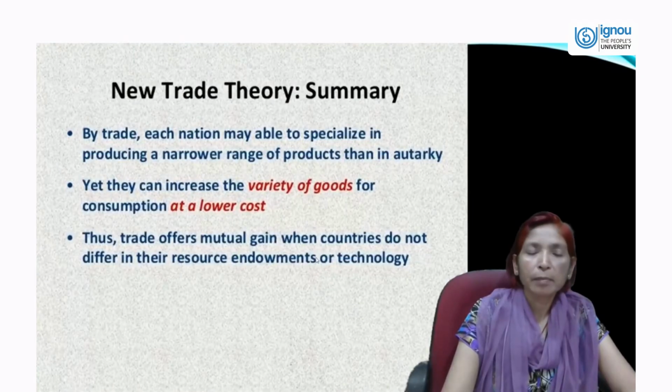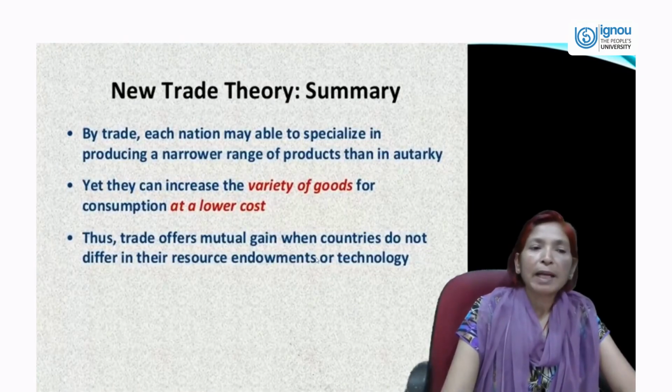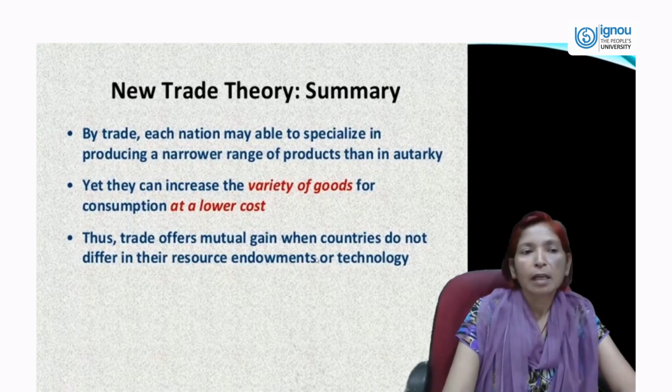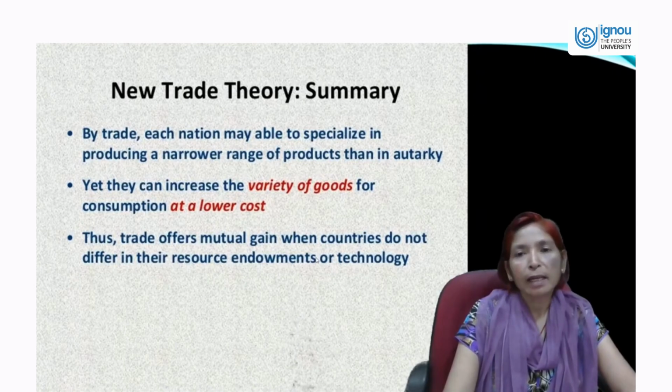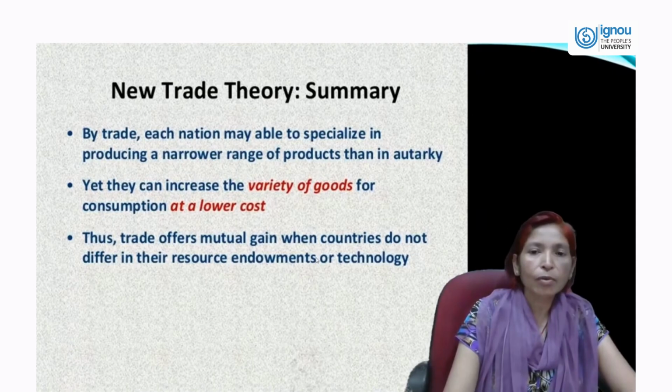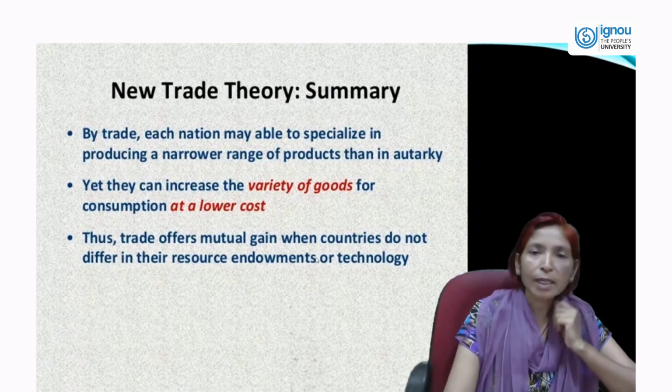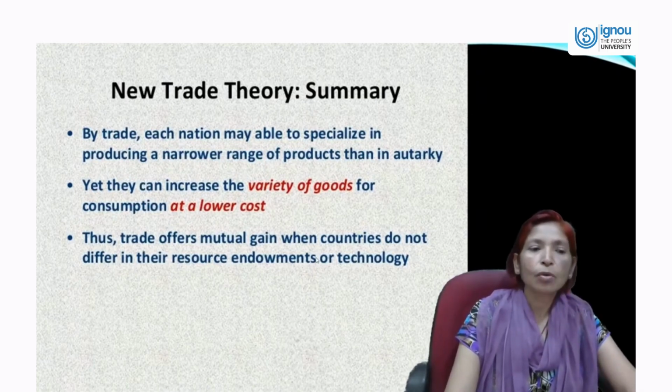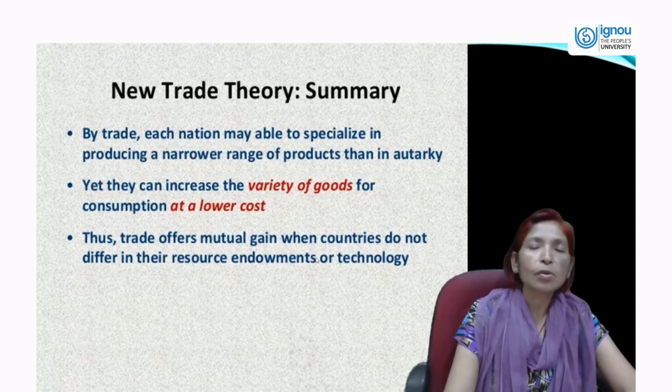New trade theory summary. By trade, each nation may be able to specialize in producing a narrower range of products than in autarky. Yet they can increase the variety of goods for consumption at lower cost. Thus, trade offers mutual gains even when countries do not differ in their resource endowment or technology.